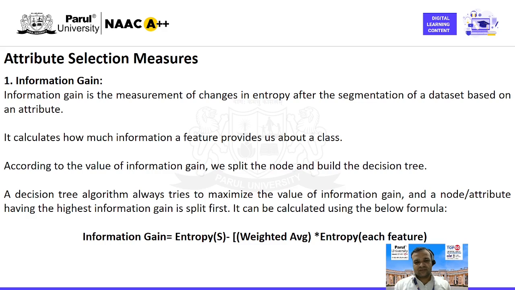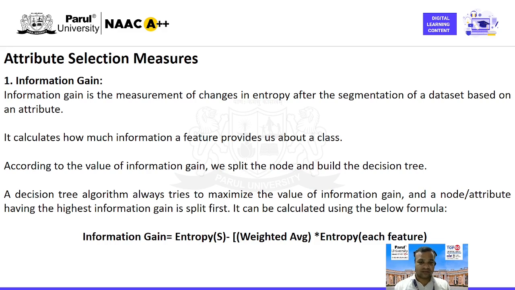Information gain is the measurement of changes in entropy after the segmentation of a data set based on an attribute. Information gain calculates how much information a feature provides us about a class.